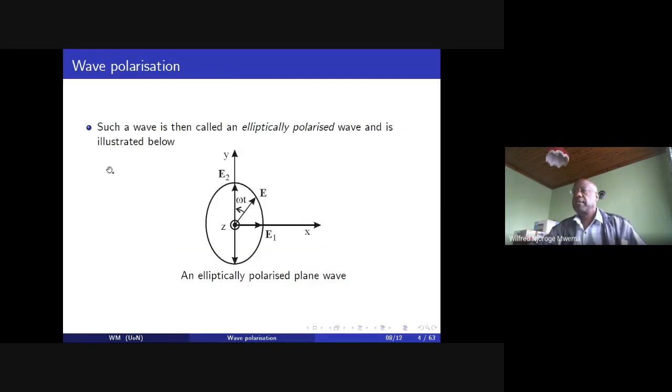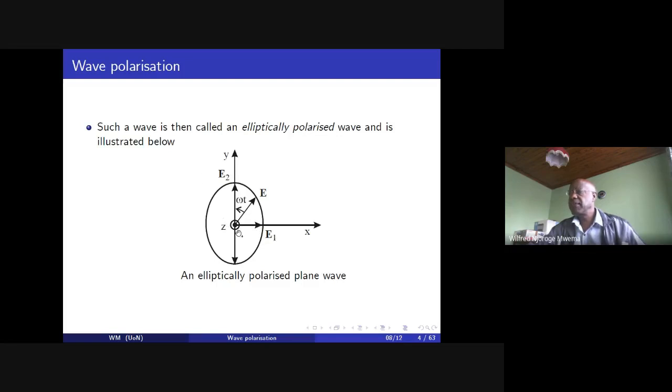Okay? So the wave will therefore be described as elliptically polarized and would be illustrated as shown below, where we have E2 greater than E1, and therefore we have an ellipse that is oriented vertically or towards the y direction, so to speak. That is, the major axis is in the y direction, while the minor axis is in the x direction.